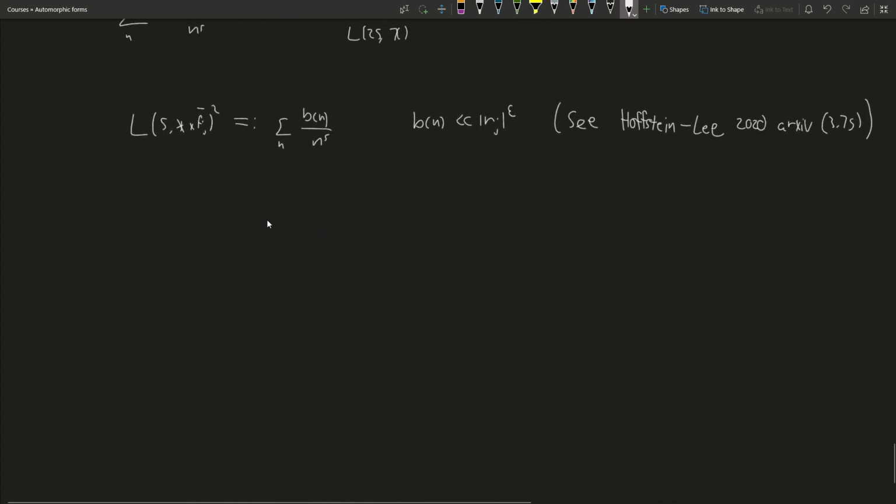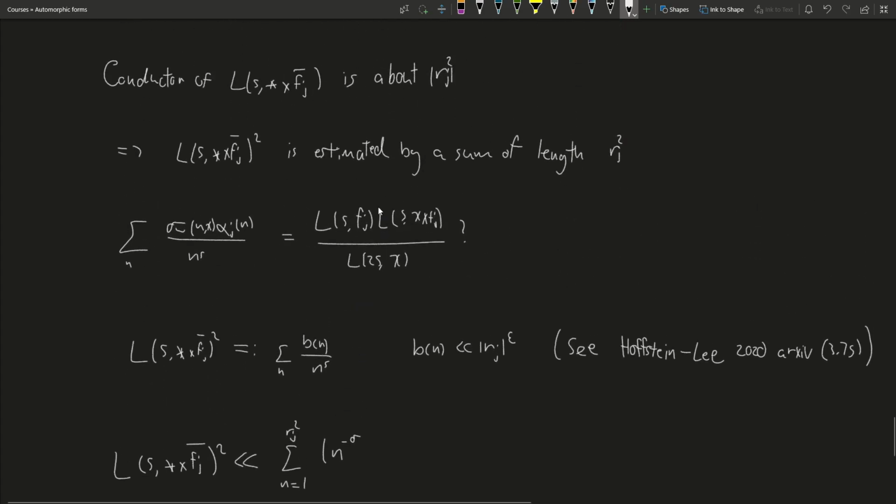We find the following, that L(s*, f_j) conjugate squared is less than the sum over n from 1 to, not 1 to infinity, but 1 to r_j squared, of n to the minus sigma, right?